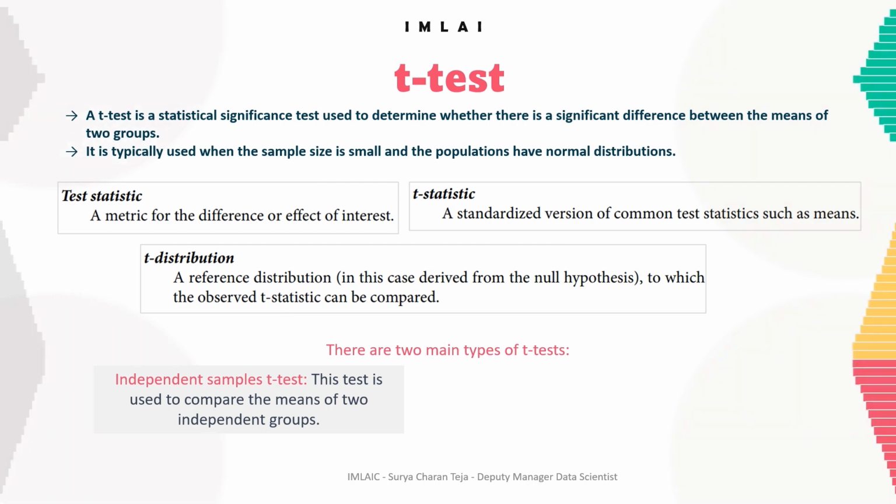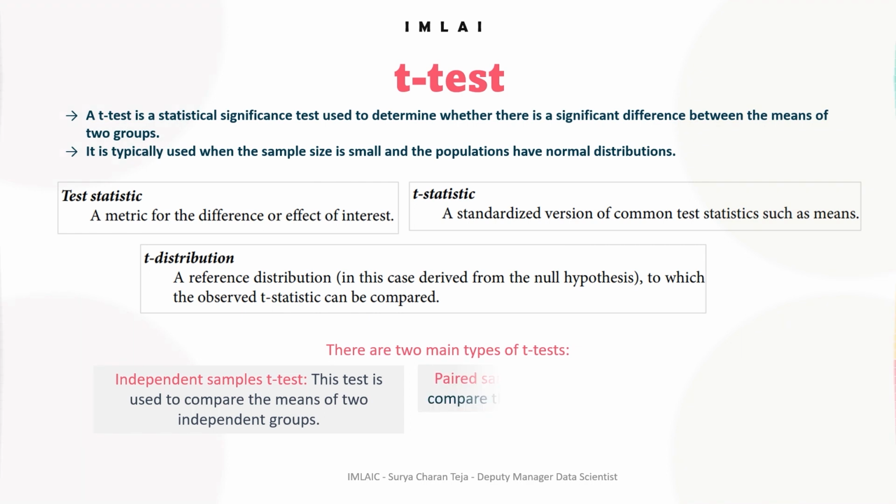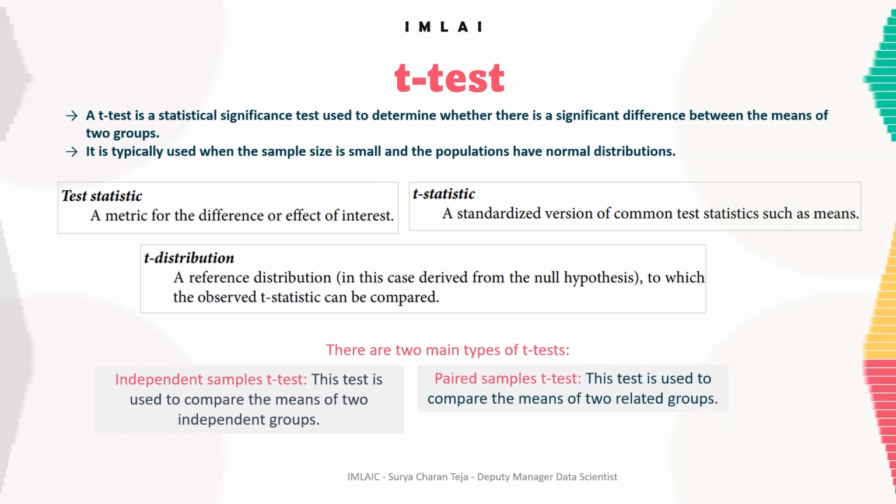These are completely independent. So if we do it for groups which are completely independent, that's called an independent samples t-test. Or if you do it for dependent ones, that's called a paired samples t-test.